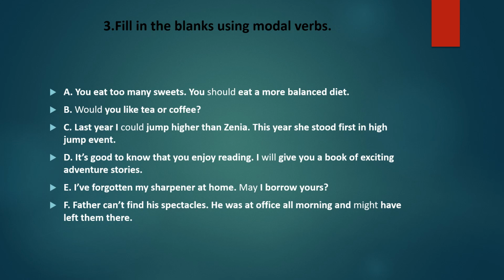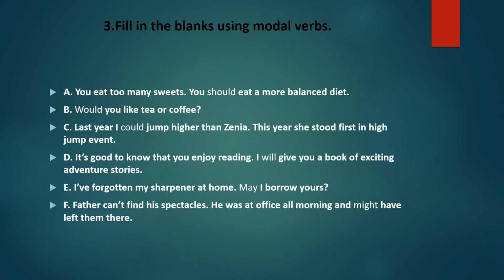Okay. Now on the basis of these modals, here are some exercises. So children, open your book at page number 74. Our first exercise is A part. You eat too many sweets. Now you dash eat a more balanced diet.